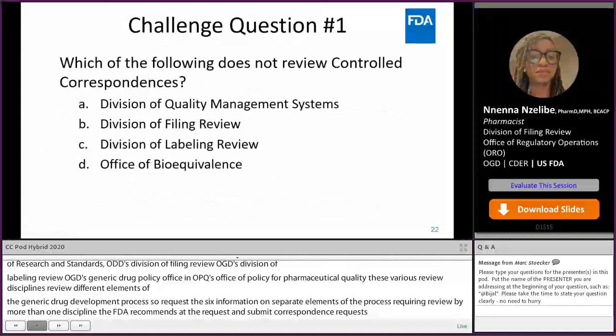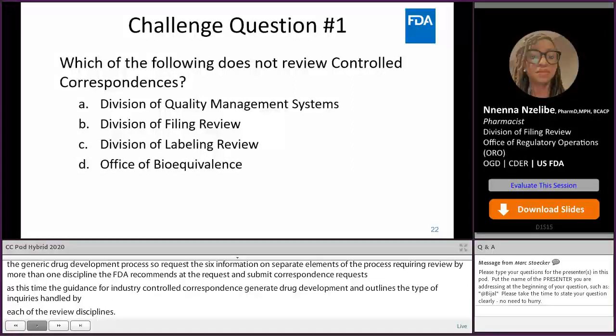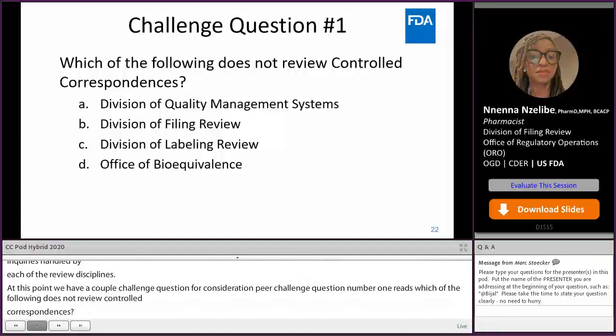At this point, we have a couple challenge questions for your consideration. So challenge question number 1 reads, which of the following does not review controlled correspondences? I'll give us a couple seconds to consider what we think the right answer is. So if you picked A, Division of Quality Management Systems, you are correct.